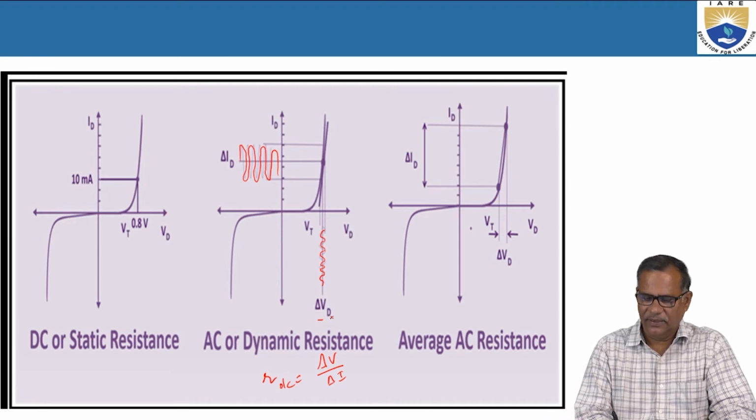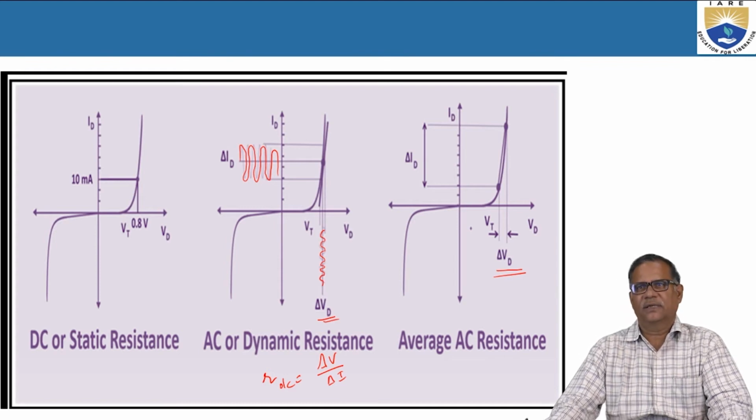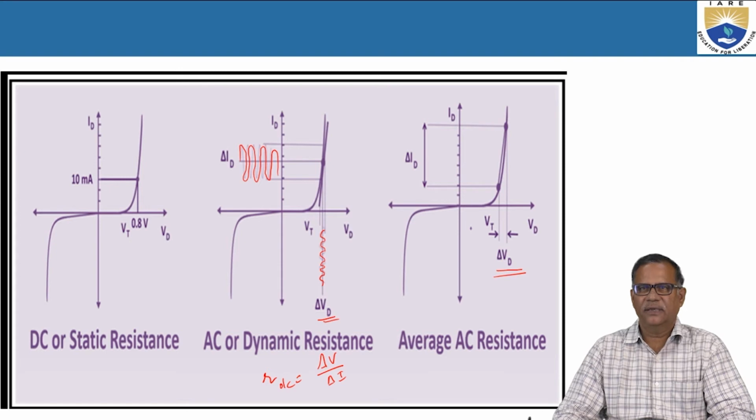Here delta VD is small, and here delta VD is more. This causes similarly large variations in the current. So we get a different value of resistance, and that is called the average AC resistance.